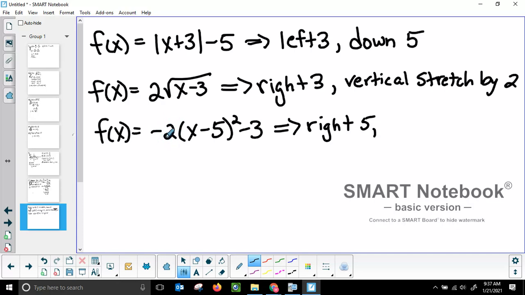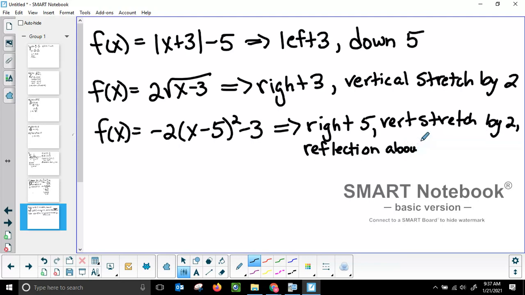Well, this is kind of two different transformations, and the order wouldn't matter because multiplication is commutative. So this will be a vertical stretch by 2, and that negative is a reflection, since it's outside, about the x-axis. And then finally, the last thing we would do, order of operations, is this minus 3 at the end. So this would go down 3.